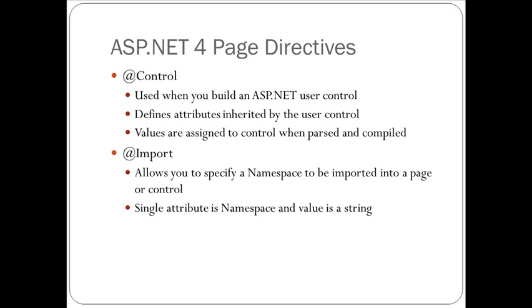Because of this, you must place multiple namespace imports in multiple lines in order to get all the namespaces in the page that you need. There are several assemblies that are already being referenced by your application. You can find a list of these imported namespaces by looking in the root web config file.